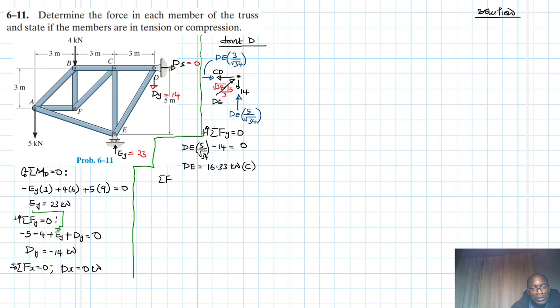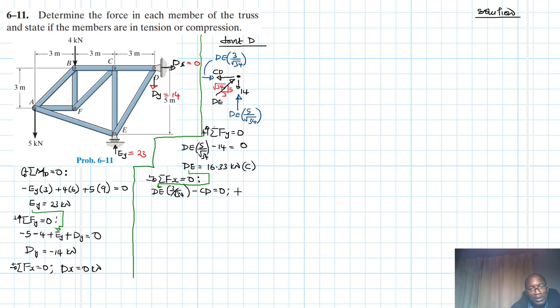Then we have summation of forces in the x equal to 0. Okay, what do we have? We have DA times 3 divided by root of 34, minus CD equal to 0. And this is our DA, which we just feed in there.